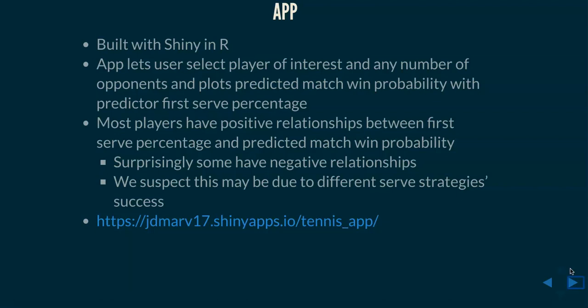So our app lets a user select a player of interest and any number of opponents that they're interested in, and it plots predicted match win probability with the predictor first serve percentage.